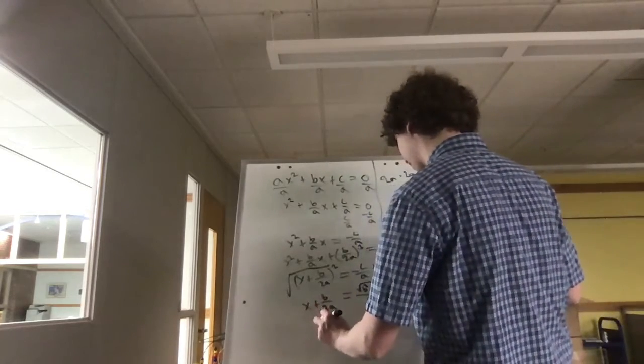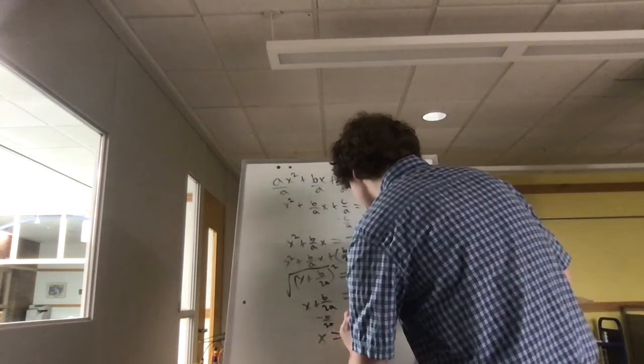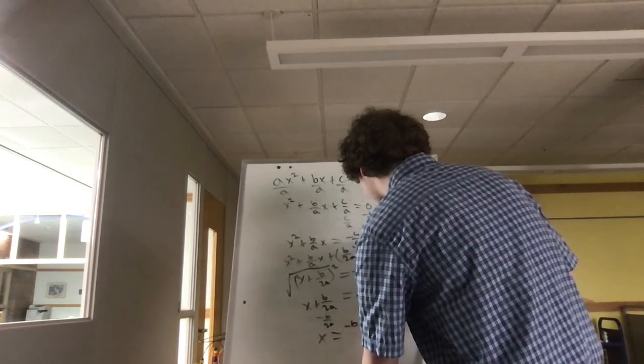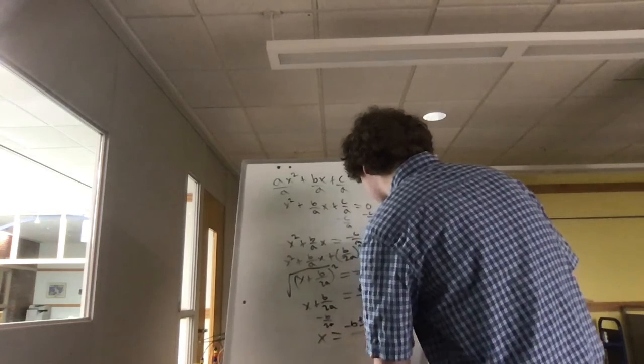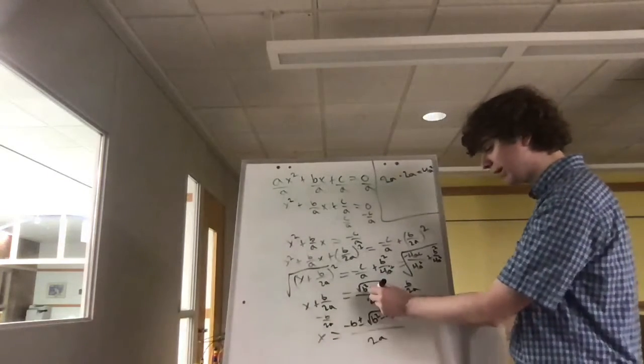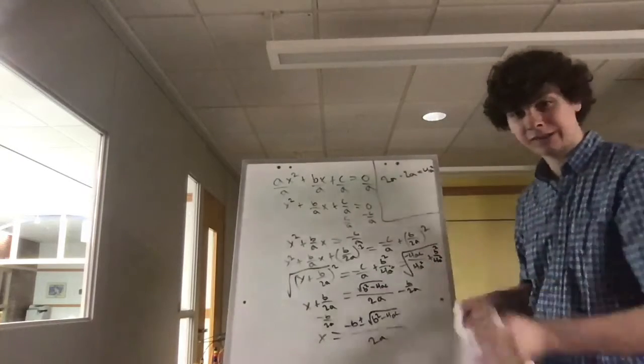And that'll do it. X equals negative b plus or minus the square root of b squared minus 4ac over 2a. And I just combined the 2a here because we have a common denominator again. So that's all there was to that.